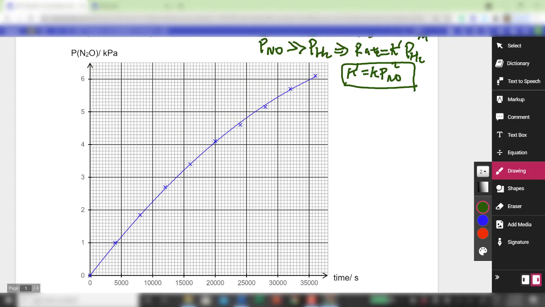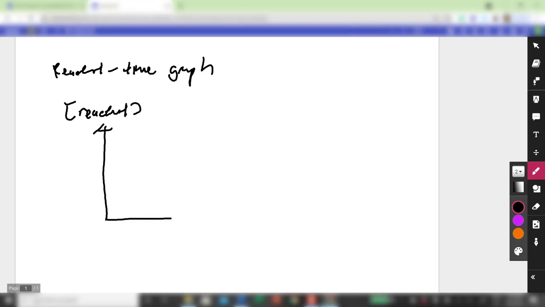Maybe we can do a little bit of revision on this. Normally we are familiar with what we call a reactant-time graph, where we have the concentration of the reactant plotted against time.